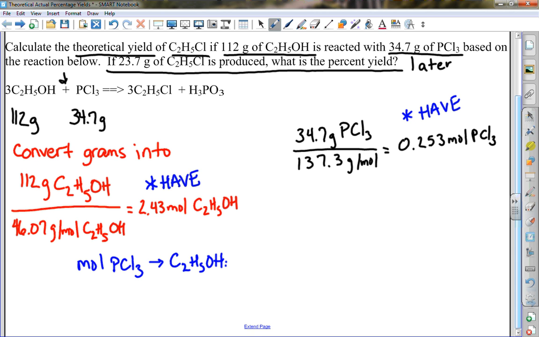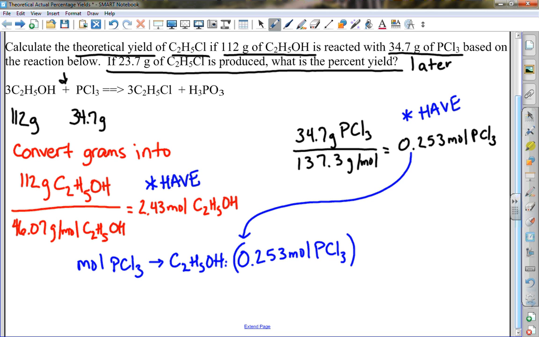So let's take 0.253 moles of PCl3 and multiply it by a ratio.